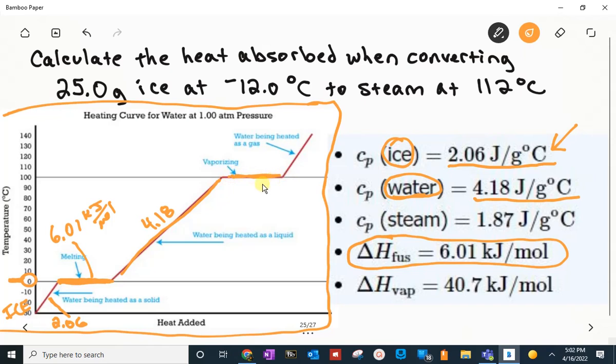It starts turning into steam. So when it starts vaporizing and turning into steam, we have the heat of vaporization, which is 40.7 kilojoules per mole. So 40.7 kilojoules per mole.